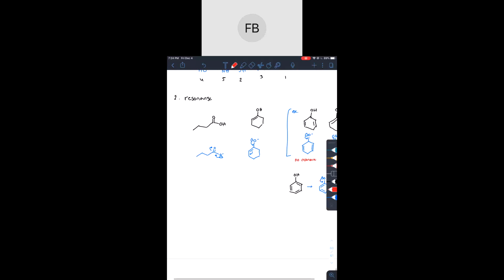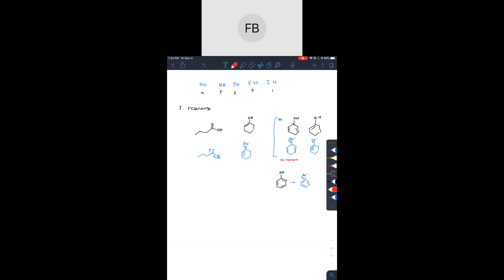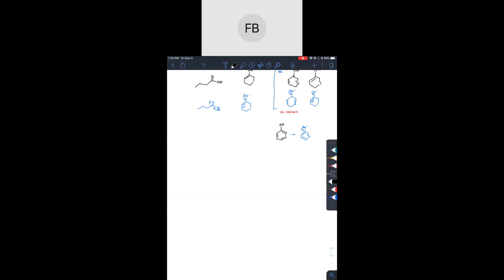So that was the second factor. And when I'm numbering them, it's because that is actually how they rank in terms of importance. The first most important thing is the atom. So if there was resonance, but they had different atoms, let's say I had this versus this, and let's say that this had a double bond here.